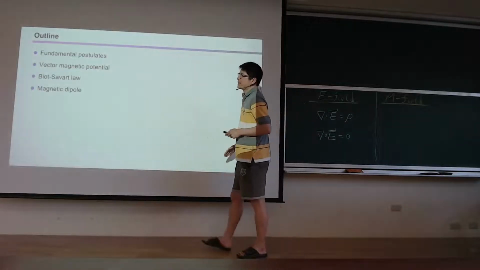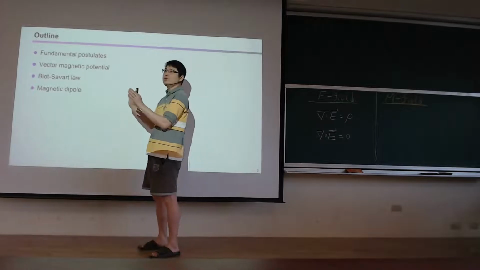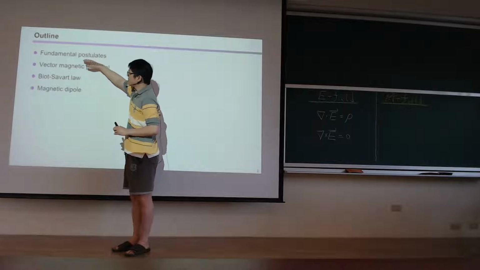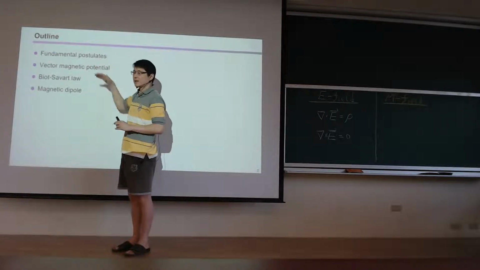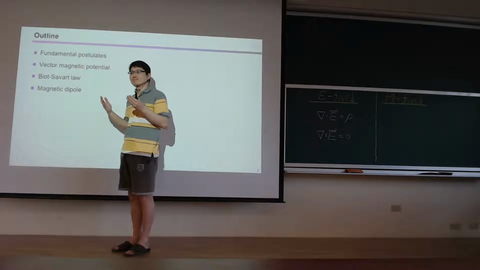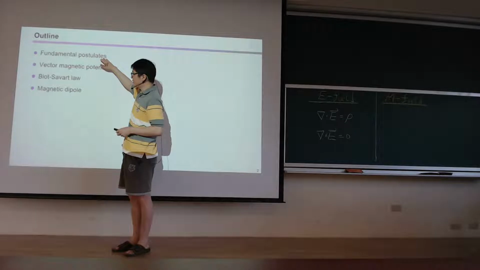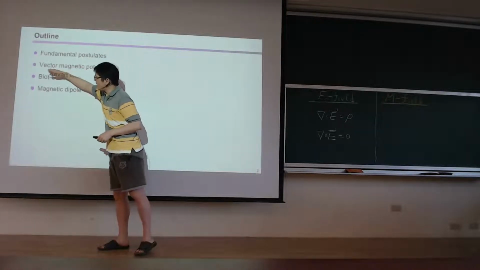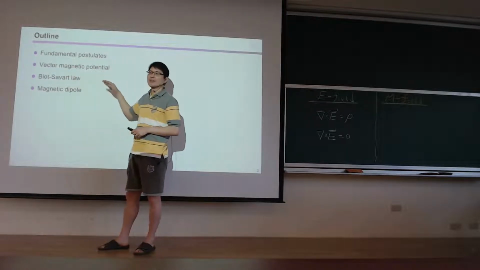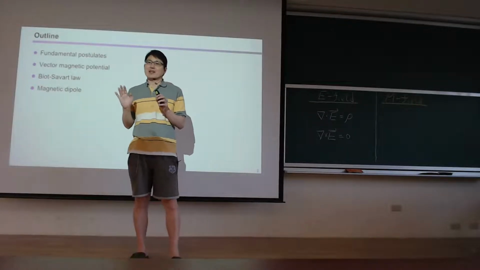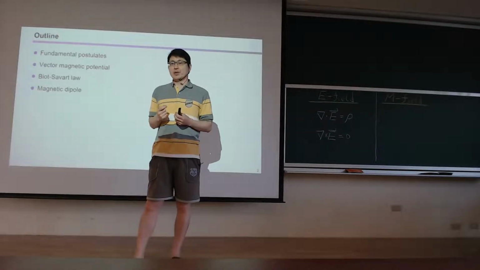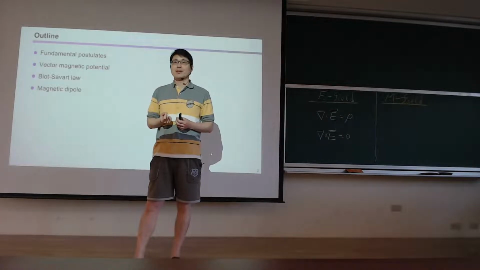So in this PowerPoint set, again, this is a new field quantity, so we are going to talk about the fundamental postulates first. I will spend a considerable amount of time on it. And then we are going to introduce something called the vector magnetic potential. This is something you're not accustomed to. In our daily lives, we are very familiar with electrical potential, voltage, right?